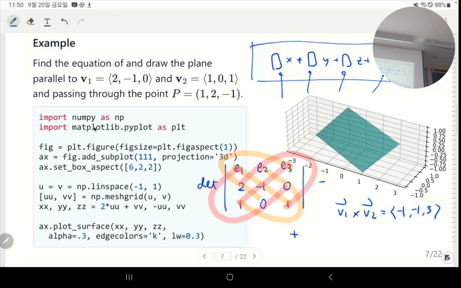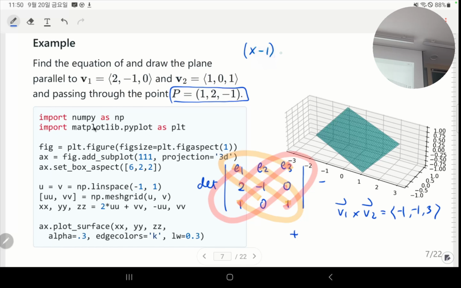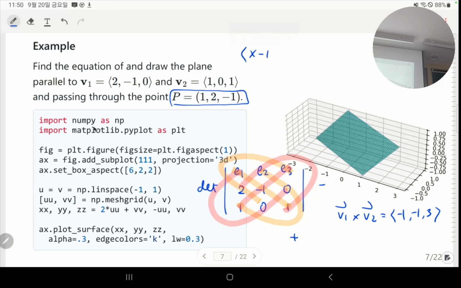My position vector is this: x minus 1, y minus 2, z plus 1, and you take the inner product between these two vectors equals 0. That's the equation that x, y, z satisfy. So this is minus (x minus 1) minus (y minus 2) plus 3(z plus 1).